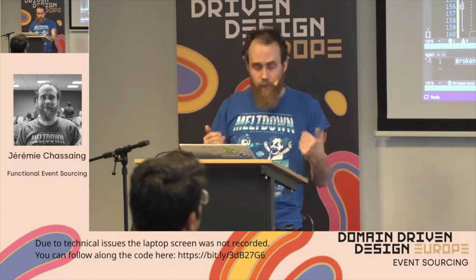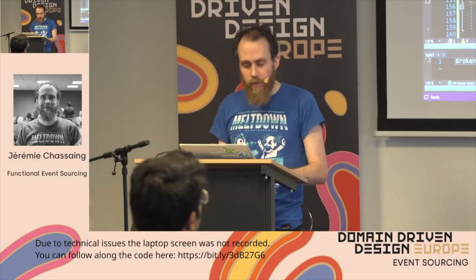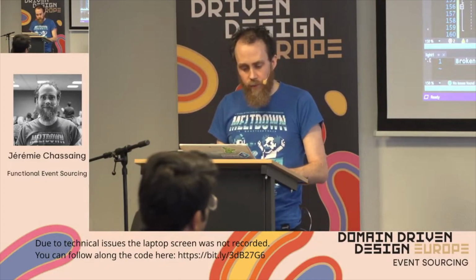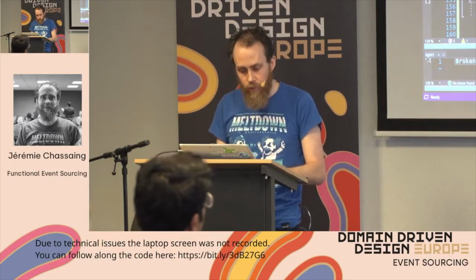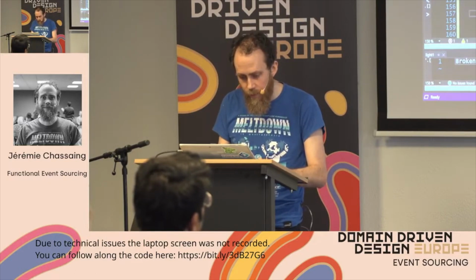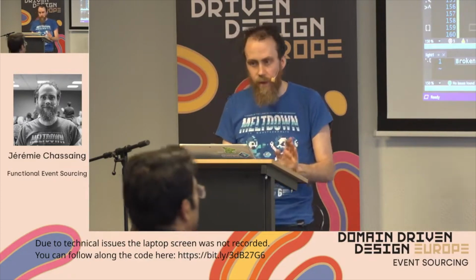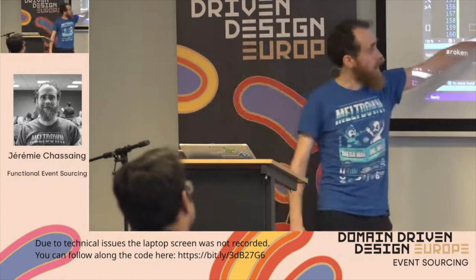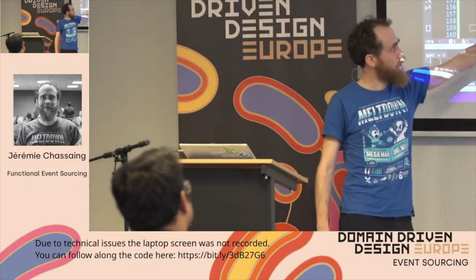But to be ready in case I don't want to keep state in memory, I can just do this one. If I want to not keep state in memory, the easiest version is this one. I load all the events for this name.